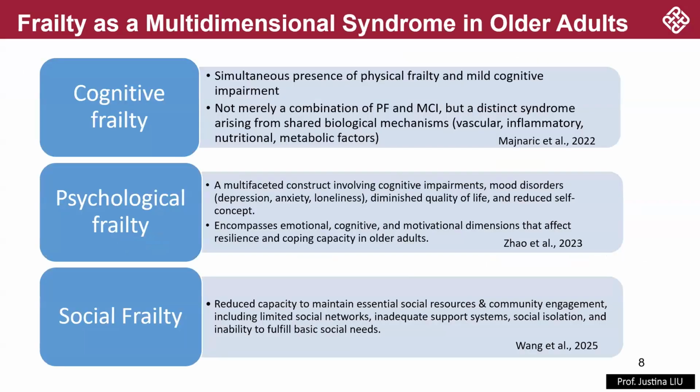Because of the cumulative deficit model, physical frailty later evolved to be multidimensional in nature, which includes cognitive frailty, psychological frailty, and social frailty. For example, cognitive frailty refers to the coexistence of both physical frailty and mild cognitive impairment.